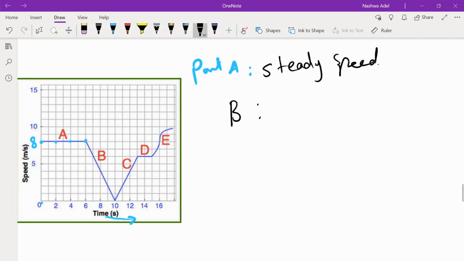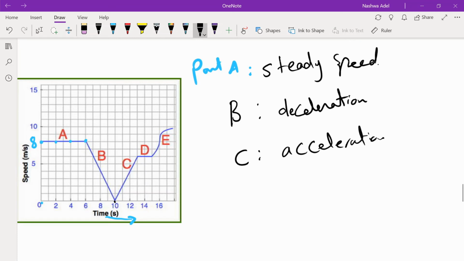So this is deceleration. Okay, part C, speed reaches 0 here and then starts to increase once more. So here part C is accelerated motion, or here you can find acceleration.